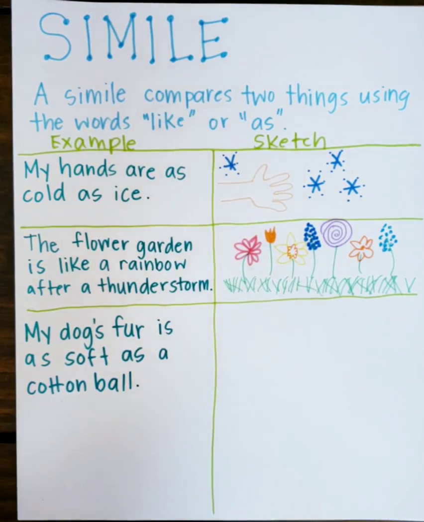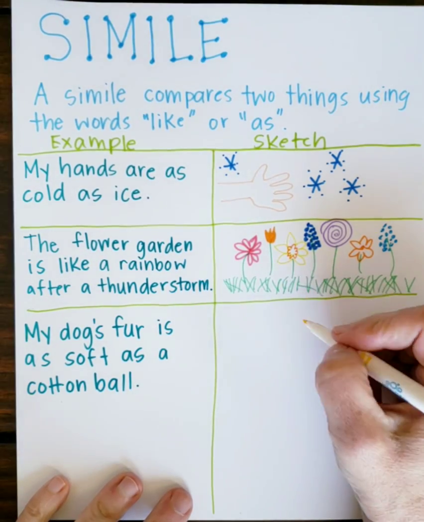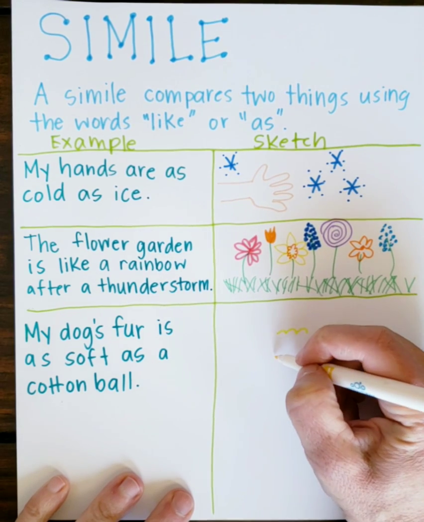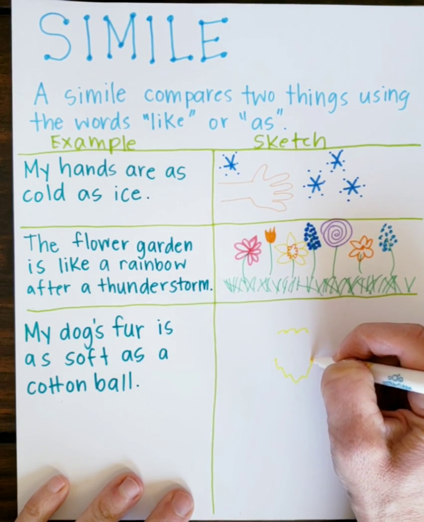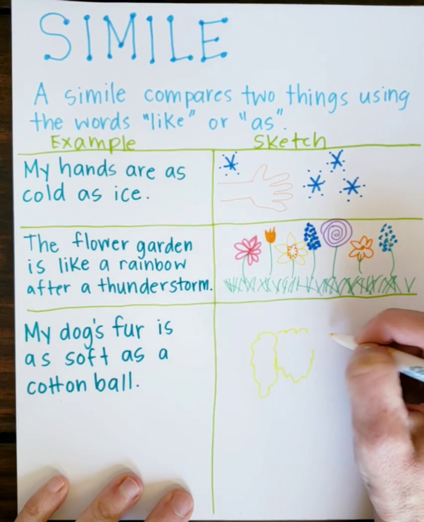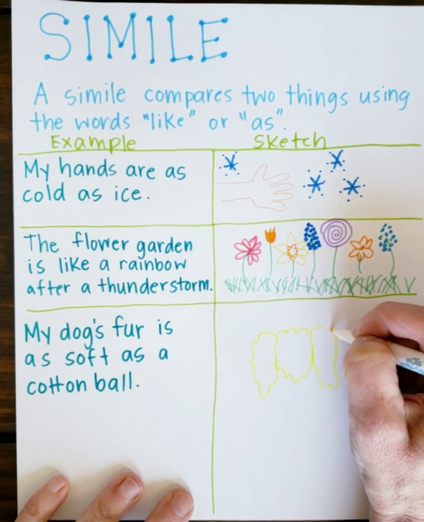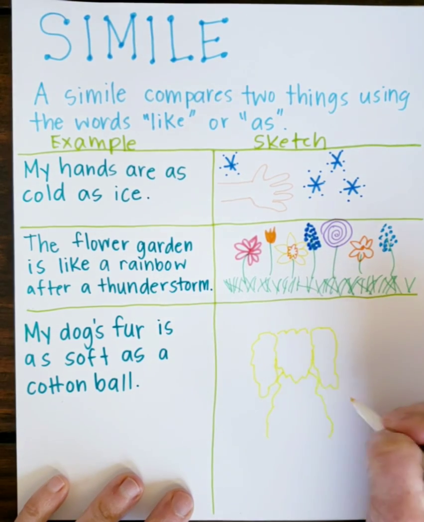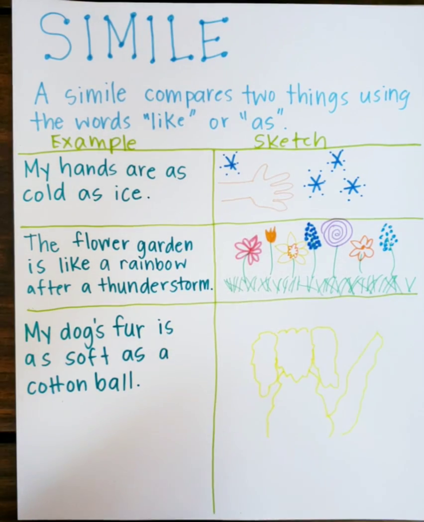So now I'm gonna just make a little sketch of her. Let's see. She is yellow. I wonder if I can find a yellow that you can see. Here we go. Yeah, maybe you can see that. I'm just gonna draw her soft fur. Can you see that? Barely.